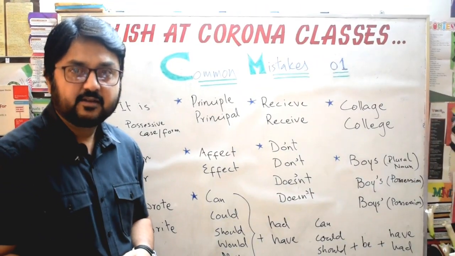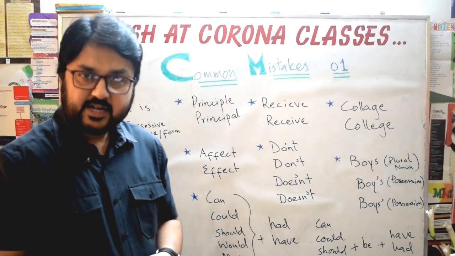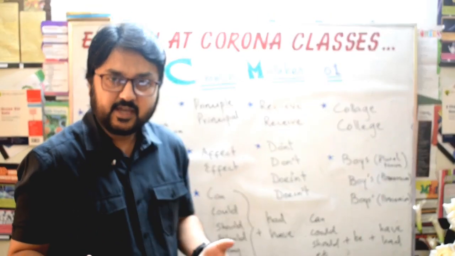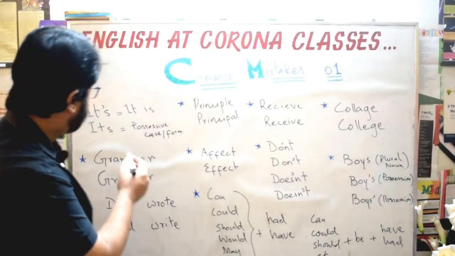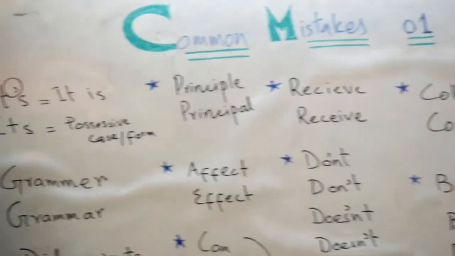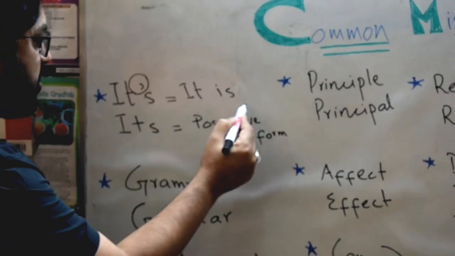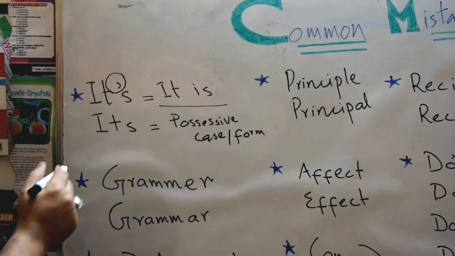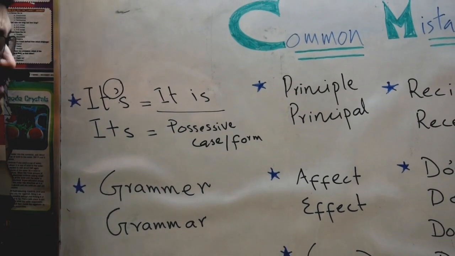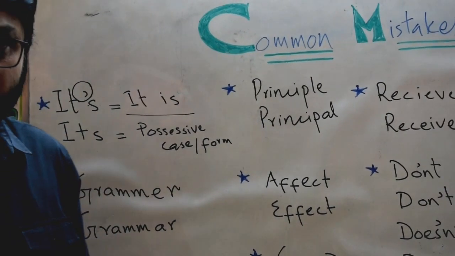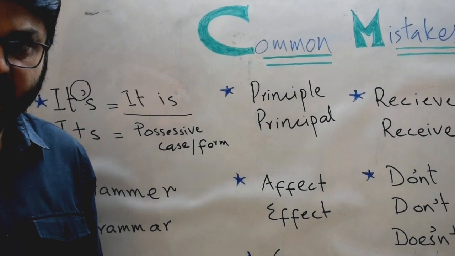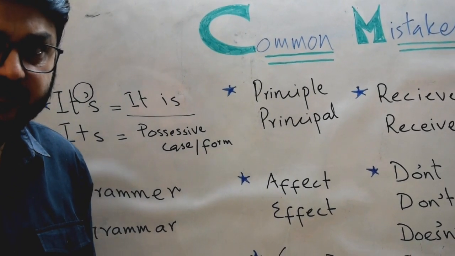It's my class. It's your channel. When there is an apostrophe, it is the contraction of it is, and its without an apostrophe is the possessive form of the pronoun it. It is the possessive case.